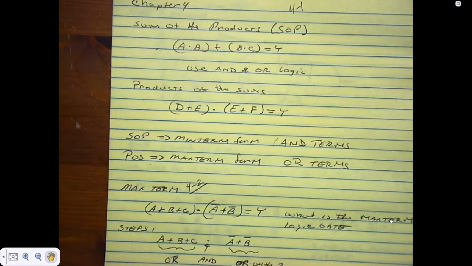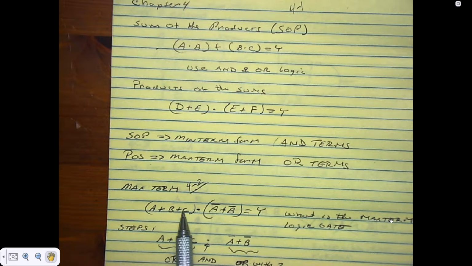First of all, we can identify the max terms here. That's this part right here, A or B or C, and then we also have the A not or B not. So we want to figure out what this Boolean equation is going to look like. Basically, what kind of gates are we going to have in it?